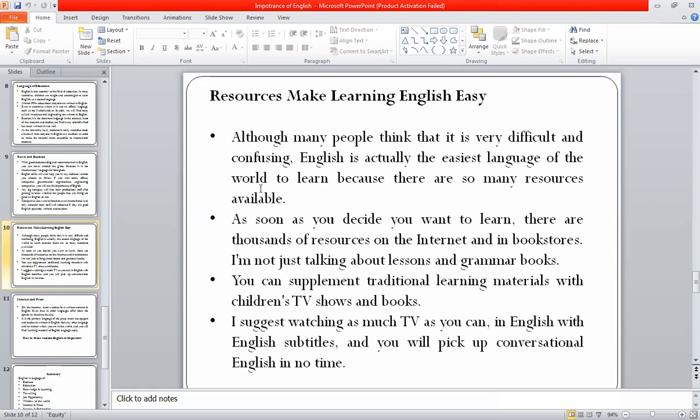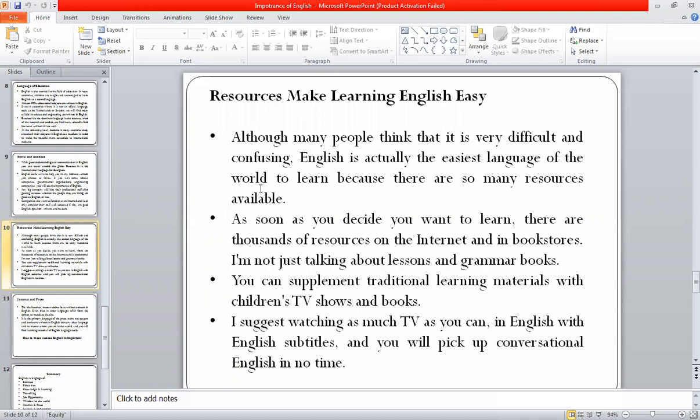Then you will start speaking with your colleagues, your friends, your family members. So you will get the practice when you are using this language with your parents or with your family members.